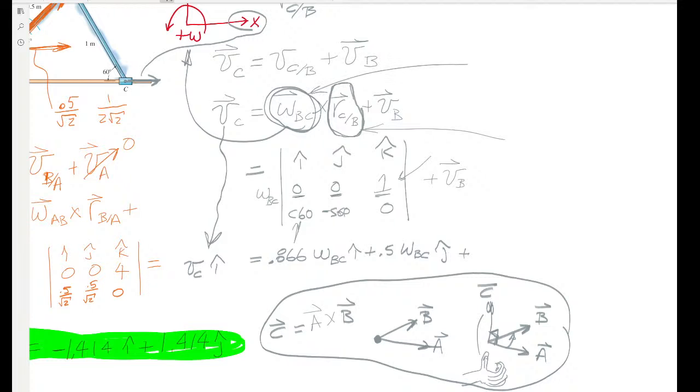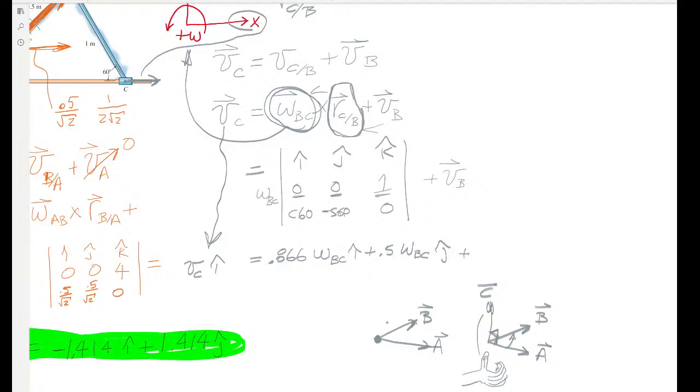It has 0 here times whatever, 0 here times whatever, and then the k component. Well, that doesn't get you much as far as checking. Excuse me. So that's a way you check along the way. Okay.